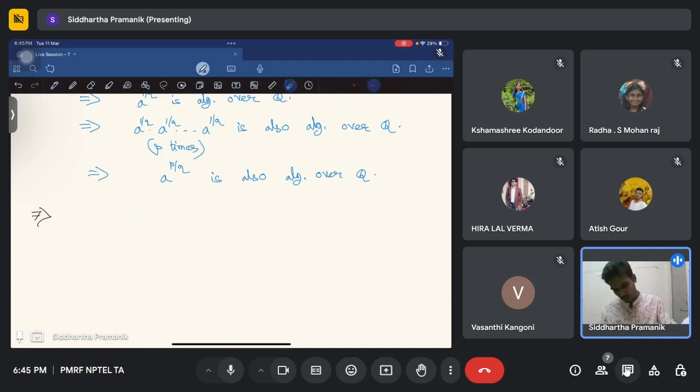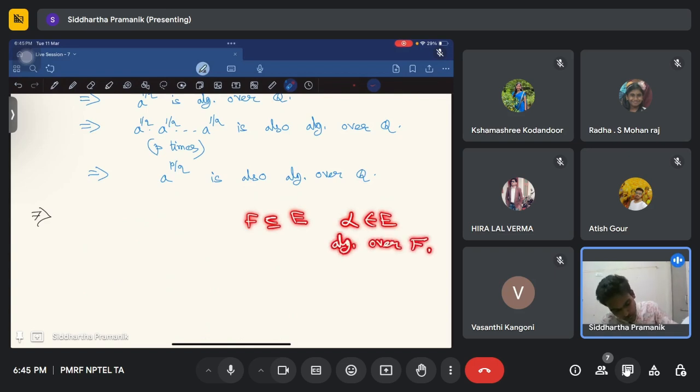So one thing, recall that. Suppose you have an extension F subset of E and you have an algebraic element alpha over F. Then we all know that F(alpha) over F is a finite extension, right? So that means F(alpha) is a finite dimensional vector space over F. Can you give some basis for that vector space?